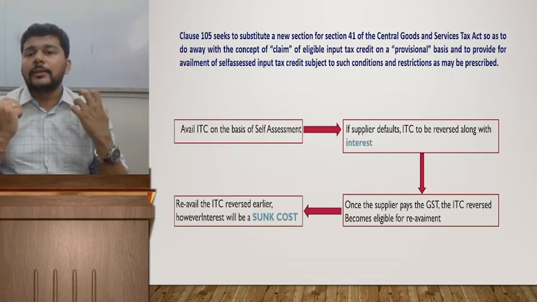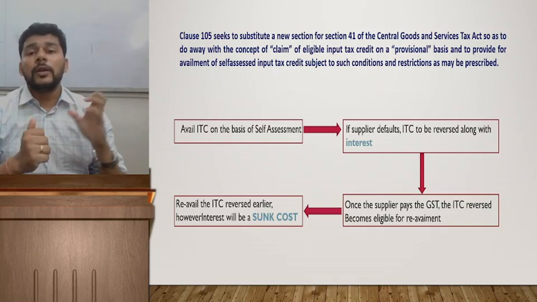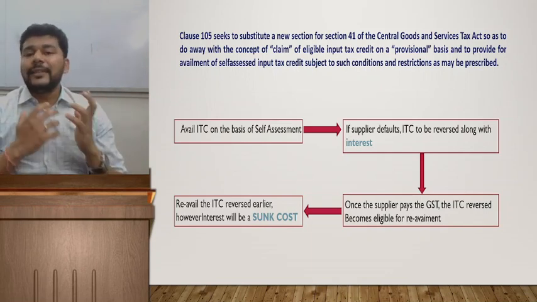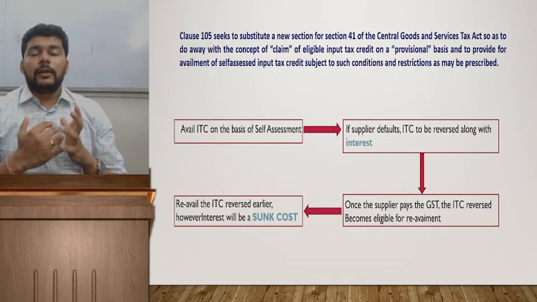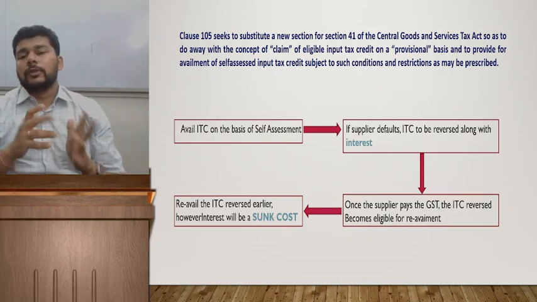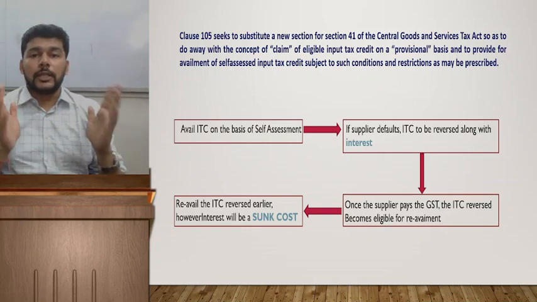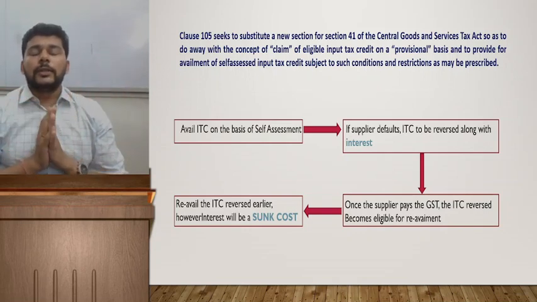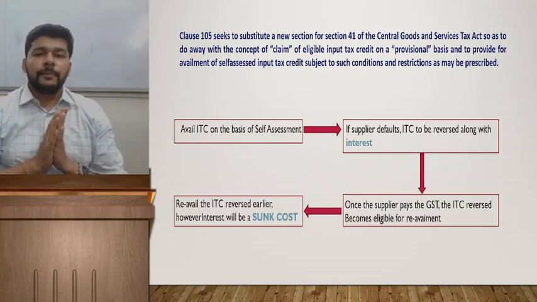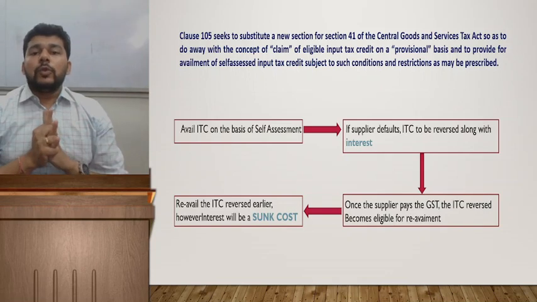Therefore it is very relevant to communicate that this needs to be recovered from the vendor as a part of the business policy, of course subject to whatever business relations you and your vendors share. But as a sound business principle, it cannot be accepted that you are paying interest because of the default of the supplier. These were the few specific amendments which are going to make an impact.